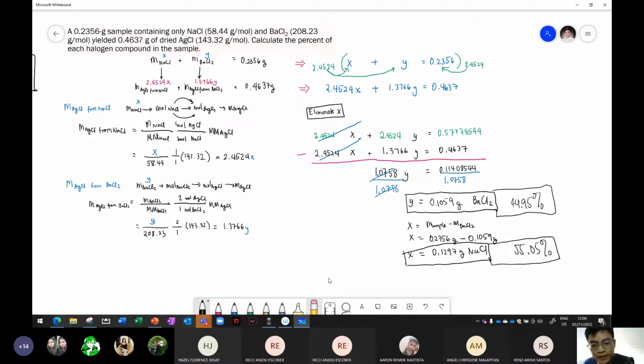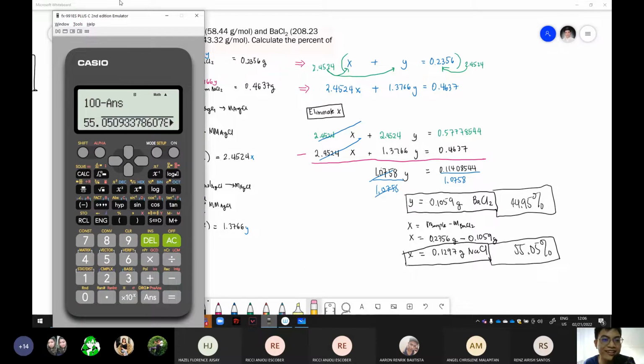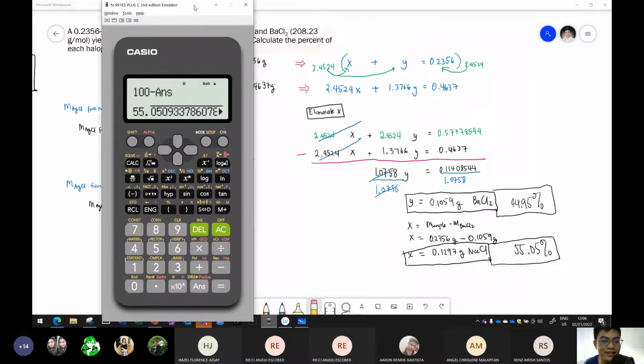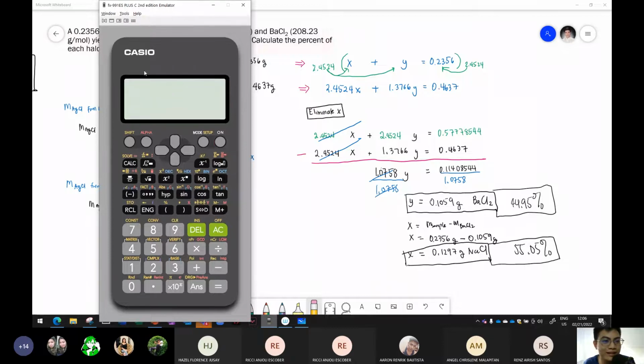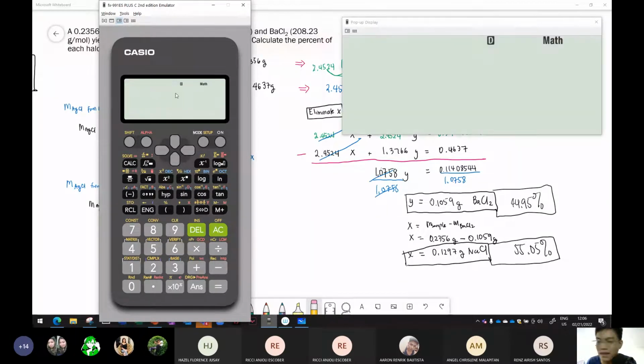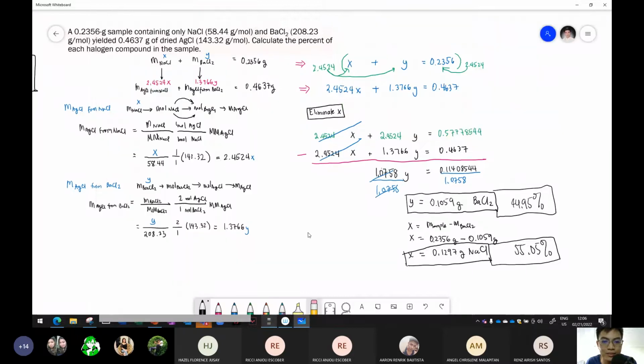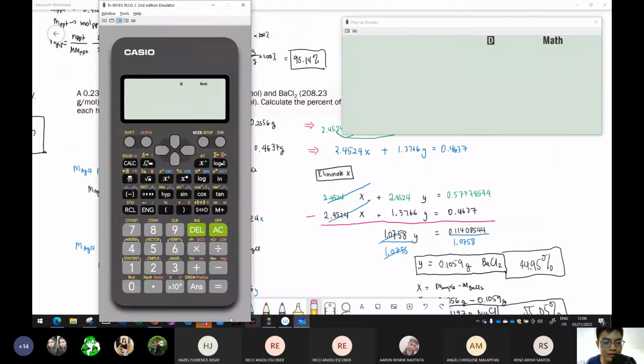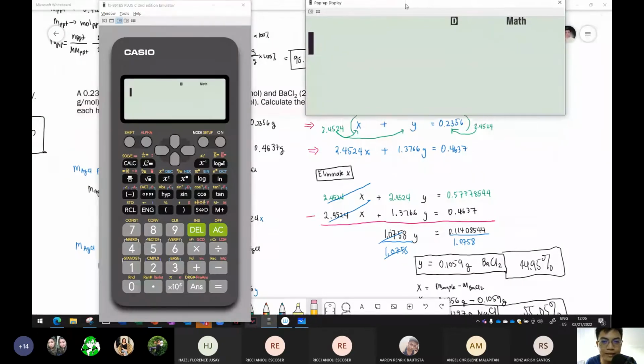It's easy. Let's open our calculator. I'll pop up my display so that you will see it bigger.